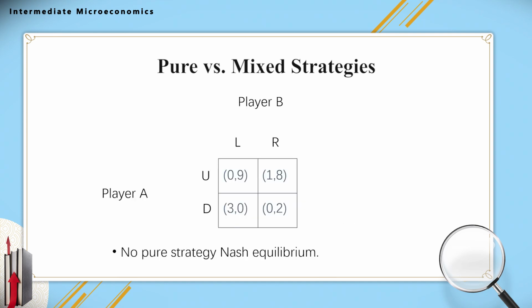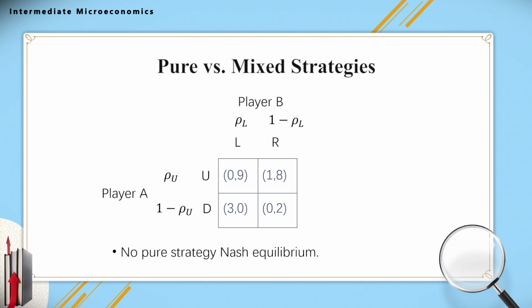Suppose player A chooses up with probability of rho U and chooses down with the probability of 1 minus rho U. And suppose player B chooses left with the probability of rho L and chooses right with the probability of 1 minus rho L. Then we can calculate the values of rho U and rho L and find the mixed strategy Nash equilibrium of this game.